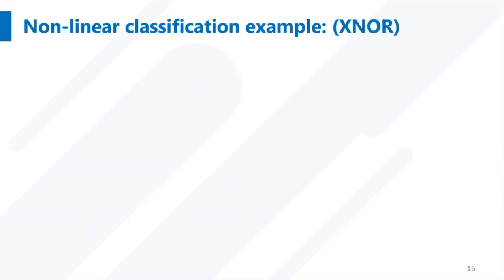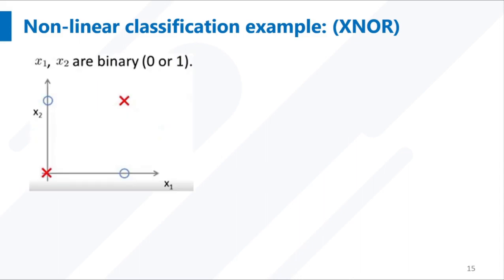Let us see the case of an XNOR gate. XNOR is a logical gate, and if you draw the outputs 1 and 0, the points will be over there. The X's are output 1, and the circles are your 0. So when x1, x2 are both 1, 1 or 0, 0, then the output is 1.